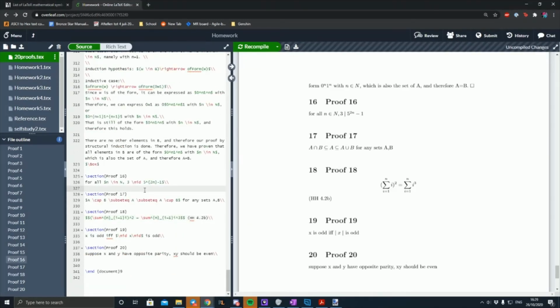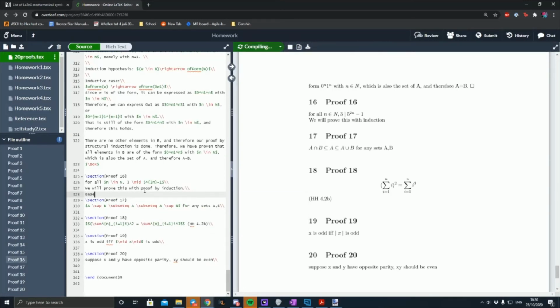Okay, so here we have: for all n in natural numbers, 3 divides 5 to the power of 2n minus 1. We will prove this by induction.